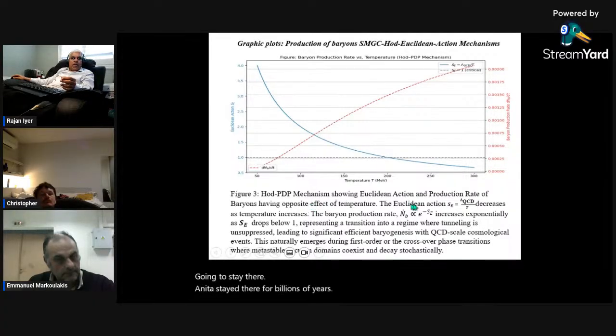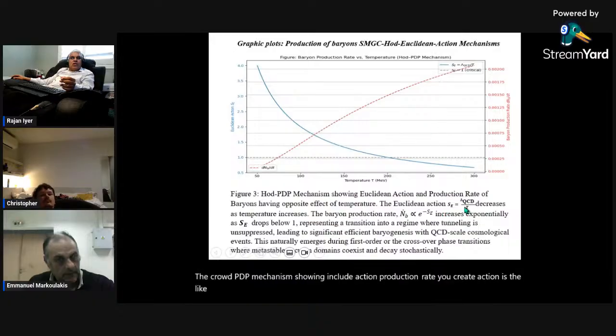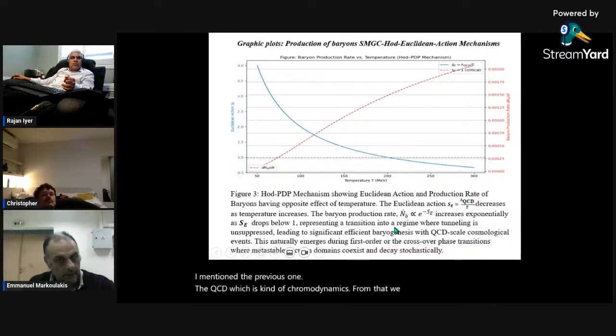So, hot PDP mechanism showing Euclid action production rate. Euclid action is, like I mentioned in the previous one, the QCD, which is quantum chromodynamics. From there, you can find the binding energy and all those things.